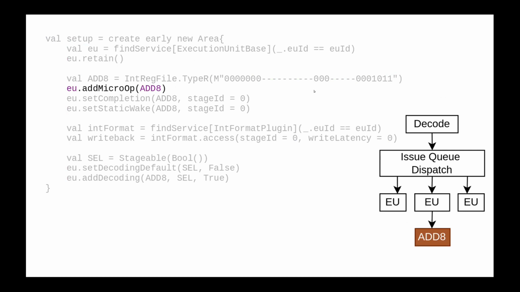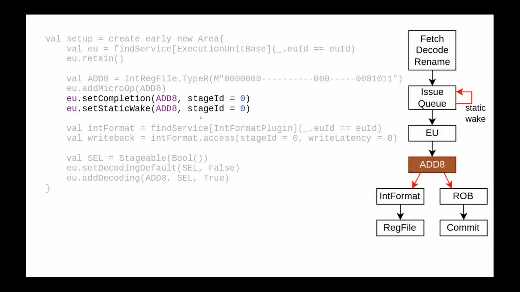We will specify to the execution unit that the add8 encoding is supported inside its pipeline. And this will have a few cascading effects. The execution unit will then notify the dispatcher that the add8 instruction could be dispatched to itself. And maybe the dispatcher will notify some other piece of the elaboration about some requirements.